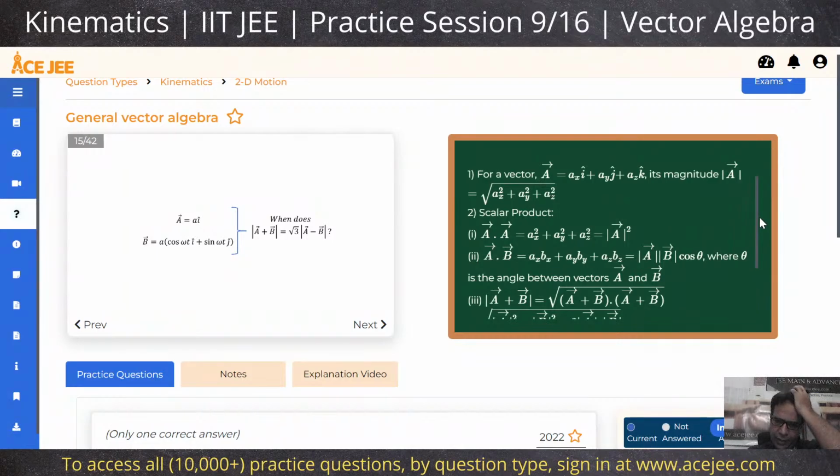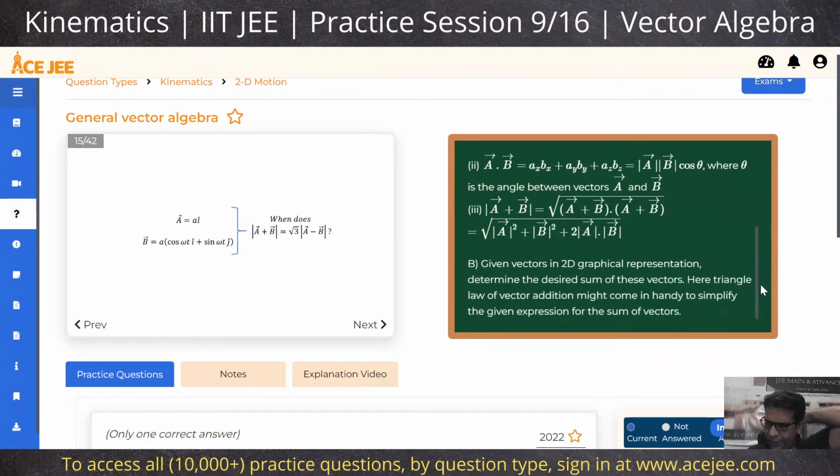So we have talked about the unit vector notation and the amplitude there. We talked about the scalar product. We talked about the angle between the vectors, which we already discussed. Then it says, now in some questions, you will be given the vectors in the 2D graphical representation, and you'll be asked to determine the sum of the vectors, not all the vectors, but the addition of some vectors.